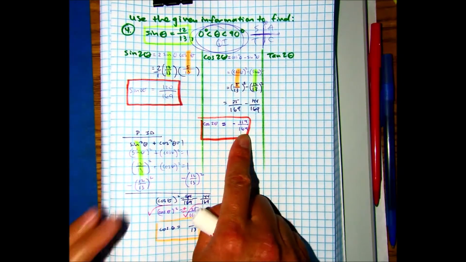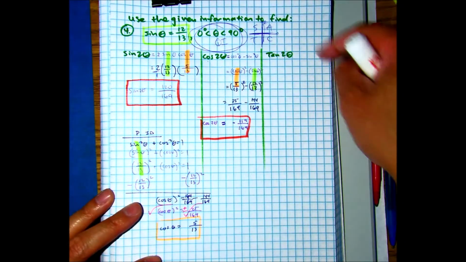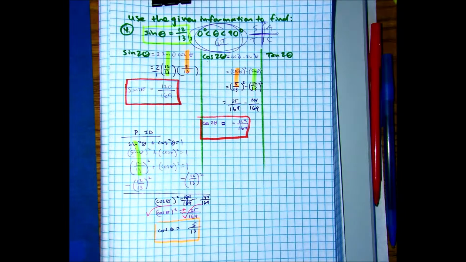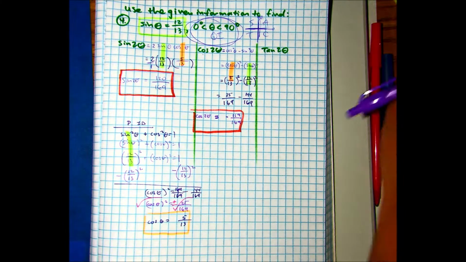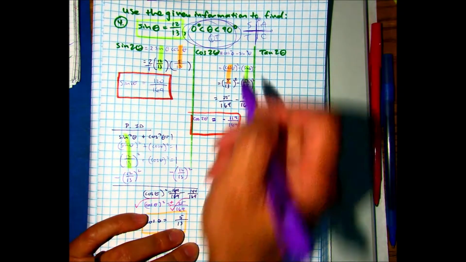Yes? Okay. Partner B, summarize for partner A what we did right here, and then talk about how you can find the double angle identity for tangent. Ready, set, go. Alright, help us, Marisol. How did you get the double tangent of 2 theta?